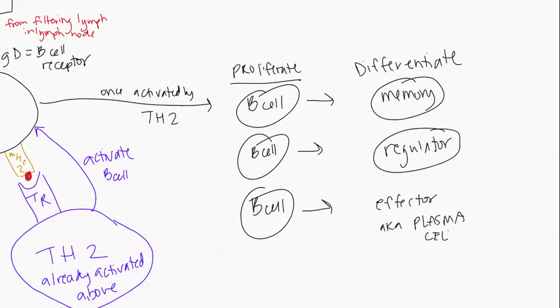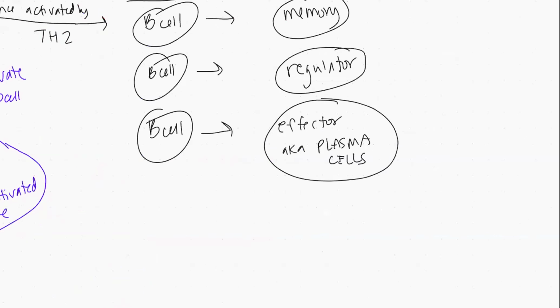All right. The memory cells just circulate around and will wait in the future to re-see the original antigen, and they can react immediately and immediately turn into effector cells and immediately start cranking out antibody. However, our regulator cells are there to make sure we're not overreacting to things, and the actual effector plasma cells, these guys are going to make antibody.